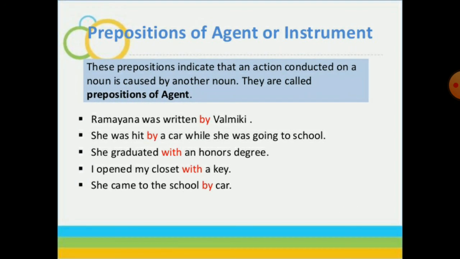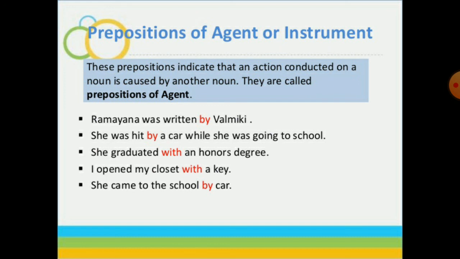Now the next is prepositions of agent or instrument. Children, you know these prepositions indicate that an action conducted on a noun is caused by another noun. So they are called the prepositions of agent. Let's take these examples like Ramayana was written by Valmiki. She was hit by a car while she was going to school.